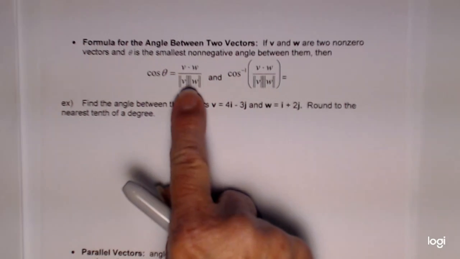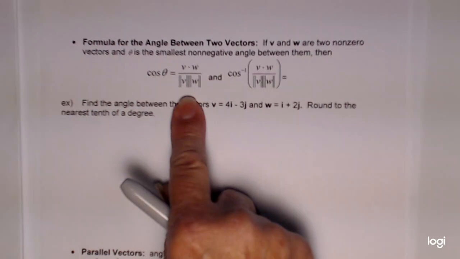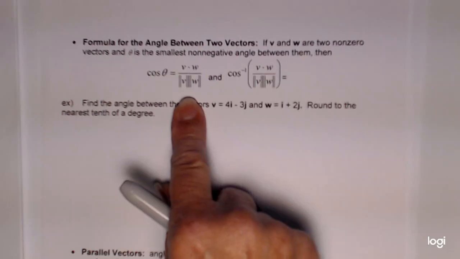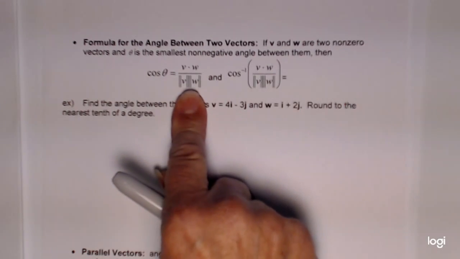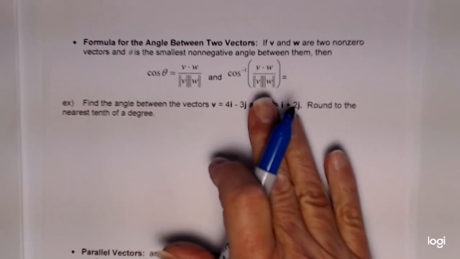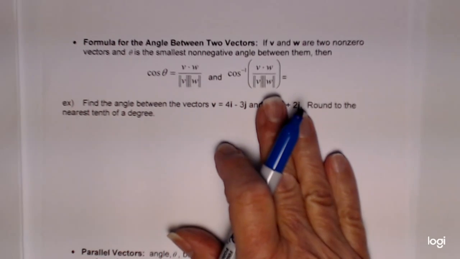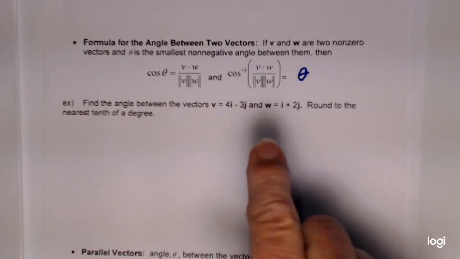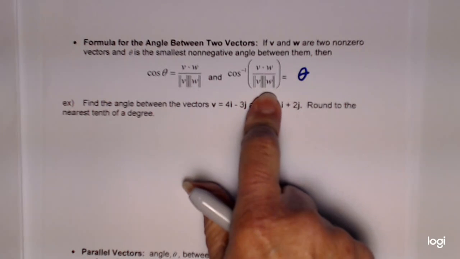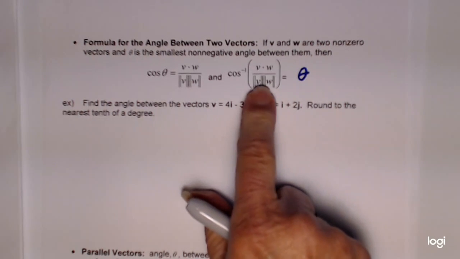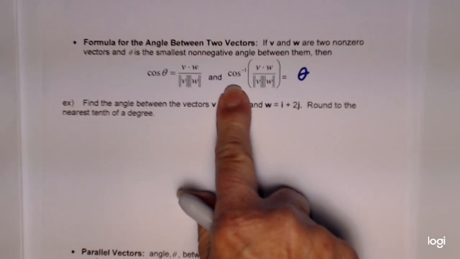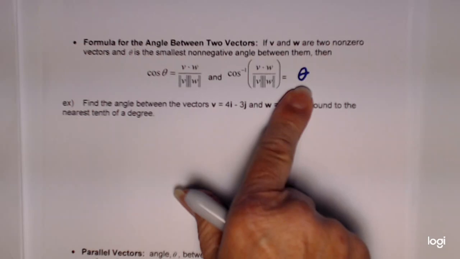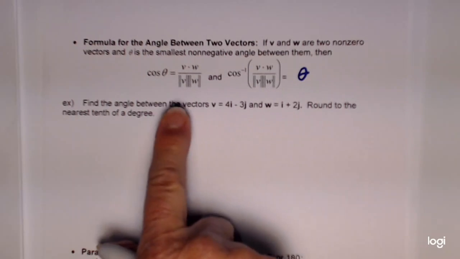Now, if we want to go directly to finding our theta, we would take the inverse cos of this to give us our theta. Over here, I didn't put in that this would be our theta. So if we find this information and then input that into the inverse cos function, that will give us our angle that we're looking for.